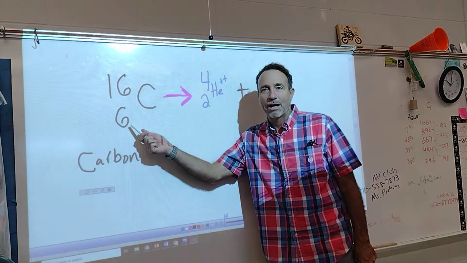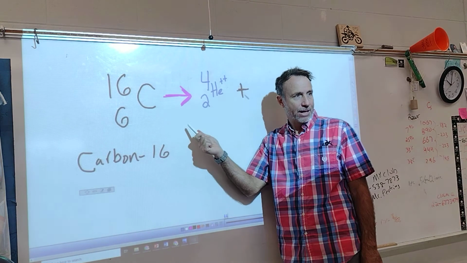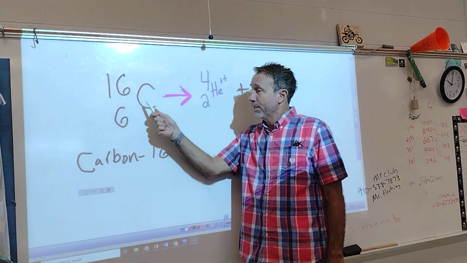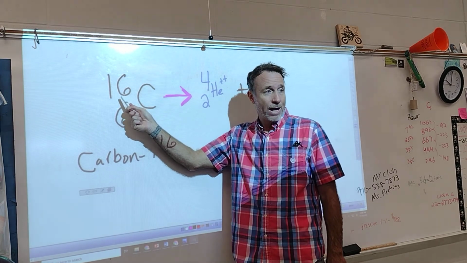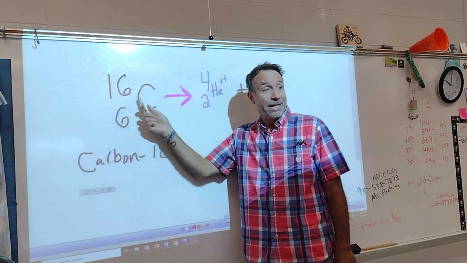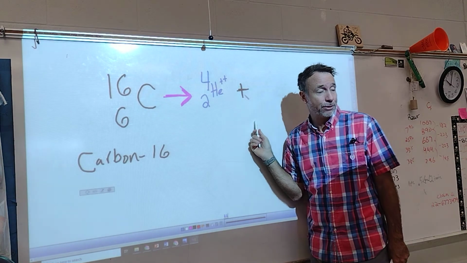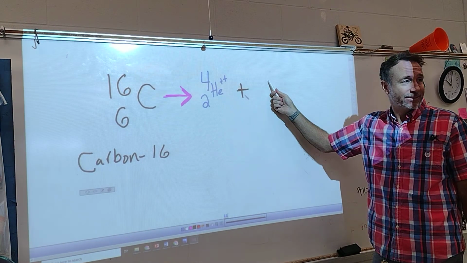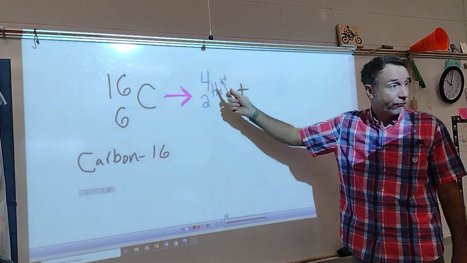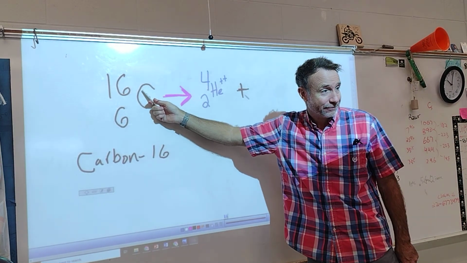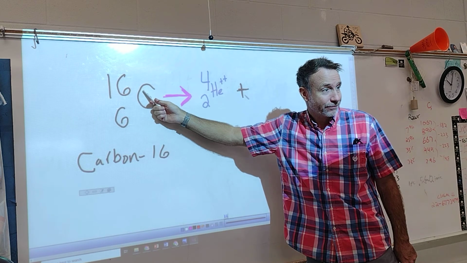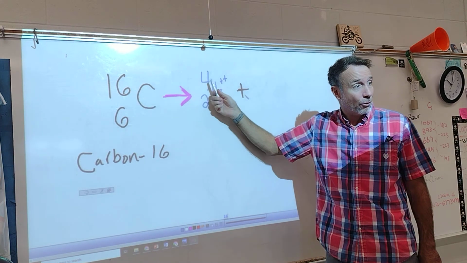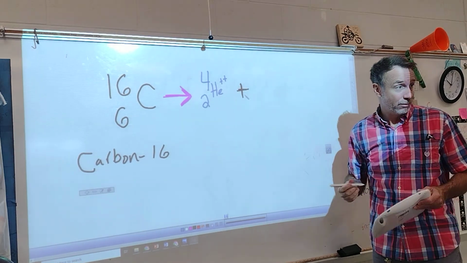Right? So watch how easy this math is. Ready? This is easy math. At first, it weighed 16. And now it's broken down into two different things. One of them weighs 4. How much does the other one weigh? Blank plus 4 equals 16, or 16 minus 4 is what? 12.